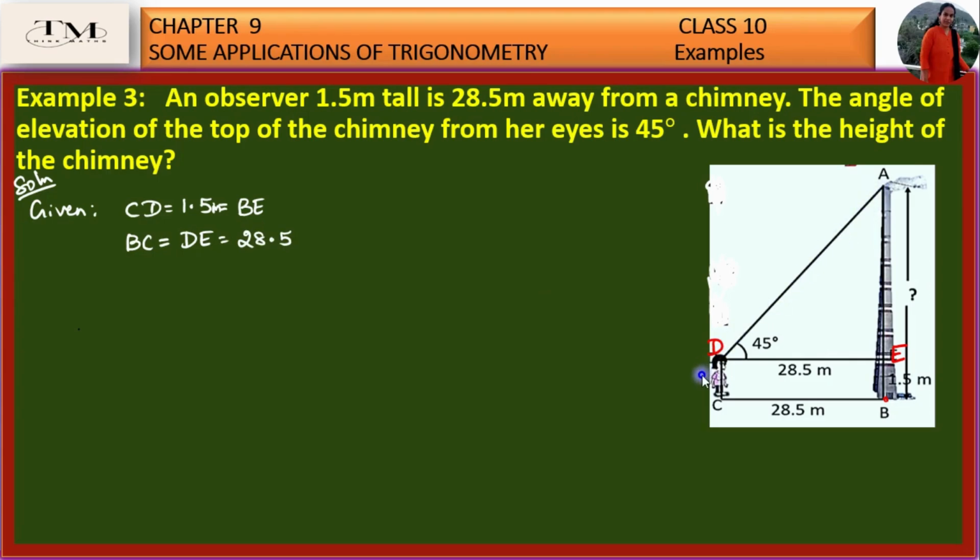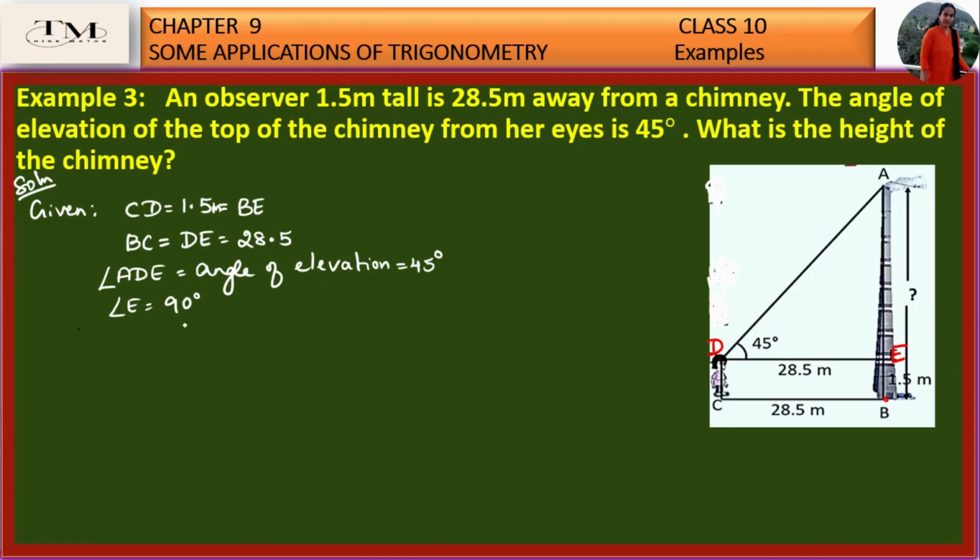Next, which is the angle of elevation? Angle of elevation is ADE. So angle ADE is nothing but the angle of elevation, given as 45 degrees. Now angle E is 90 degrees, because the chimney stands straight, so angle AED will be 90 degrees.